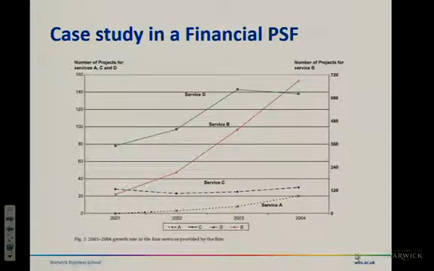Service A was quite a laggard. It was quite slow in terms of growing the service. Service B is a very fast grower. In 3 years it moved from 120 projects to 720 projects. So imagine that tension between market demand and the resources that you have in the business.